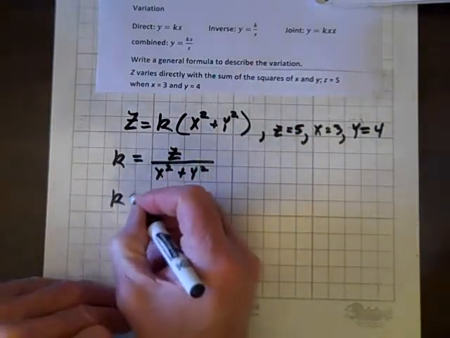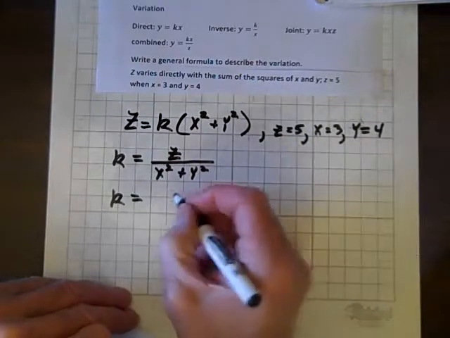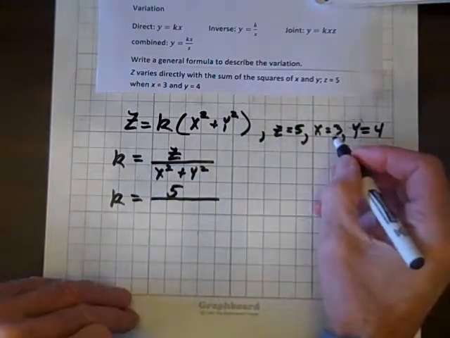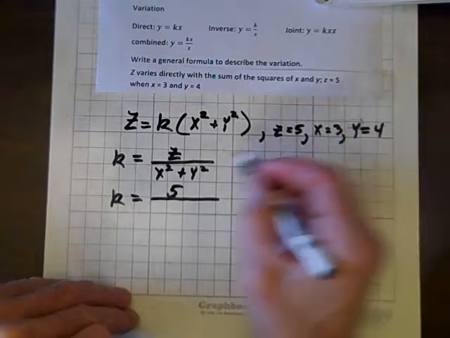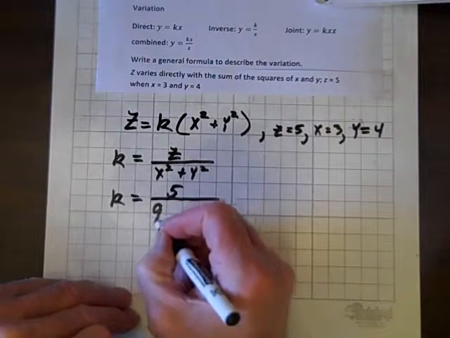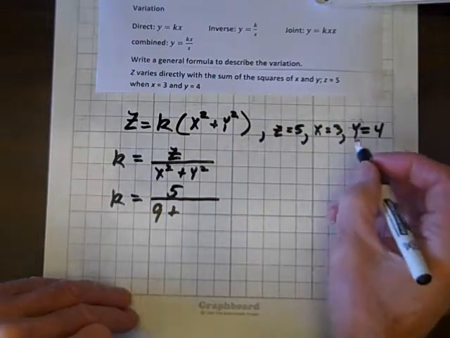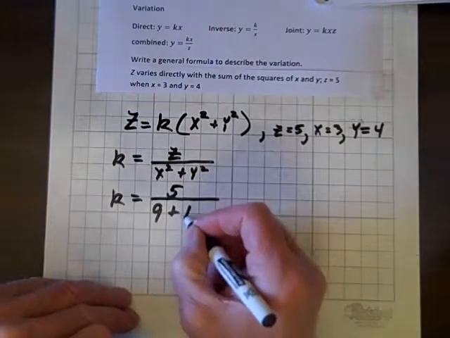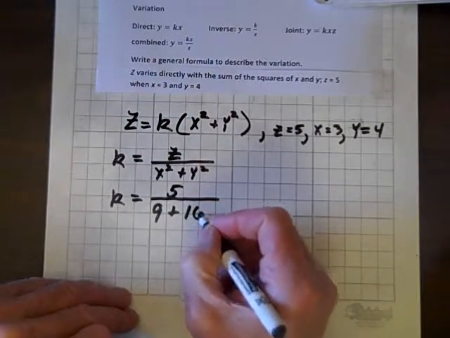So k equals, z is 5. X is 3. Well, we have to square 3 and we'll get 9. Y is 4. We have to square 4 and we'll get 16.